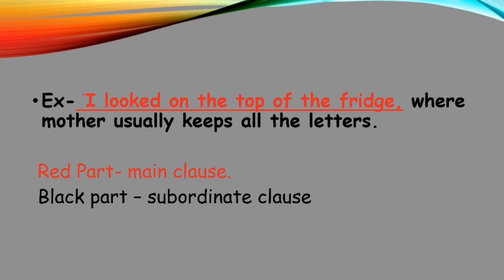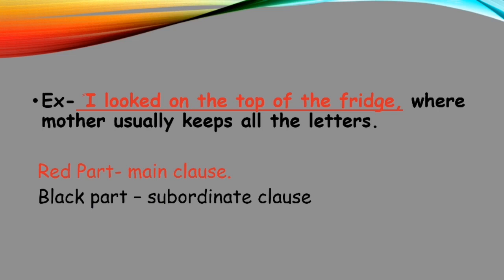But just see the black part, where mother usually keeps all the letters. Do you think the meaning of this black part is clear by its own? अगर red part नहीं हो तो आपको clear meaning दिख रहा है black part का? Where mother usually keeps all the letters. Although it is giving meaning, it is incomplete meaning. Okay, and how is it completing its meaning?